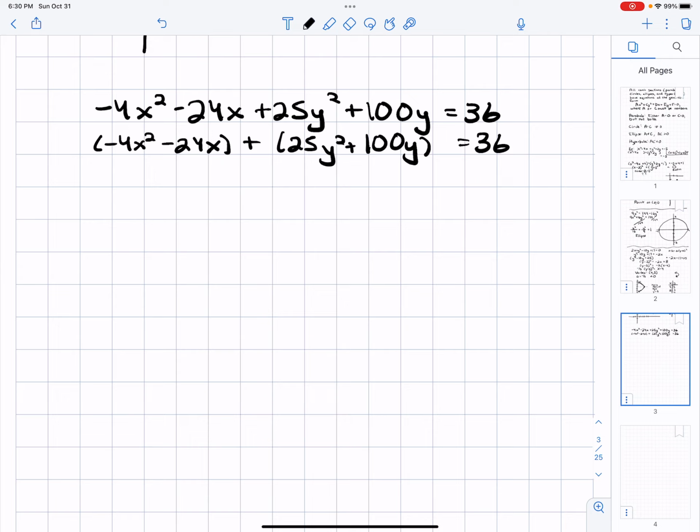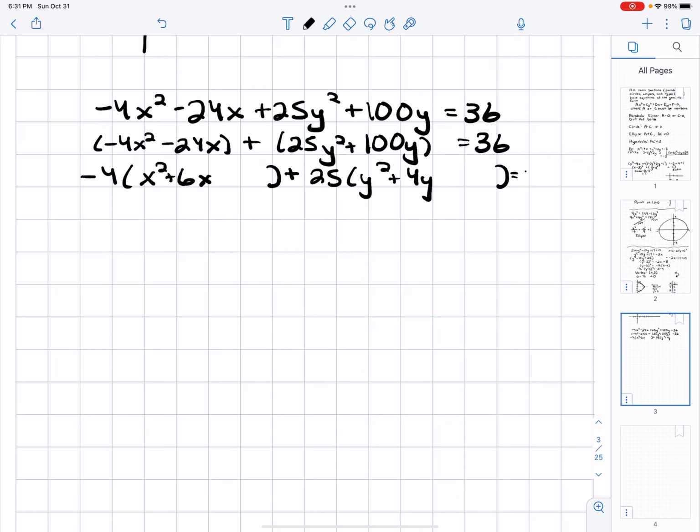And then factor first. So factor out negative 4 from the x's. Leave a little space because we're going to need to complete the square. Factor out 25 from the y's. Again, leave a little space because we have to complete the square. And all that equals 36.